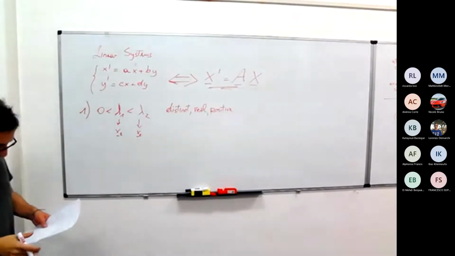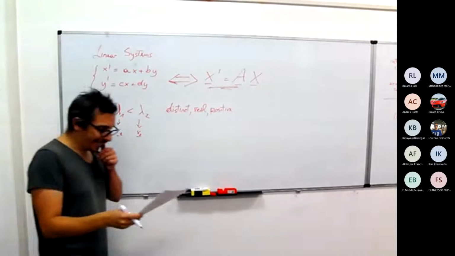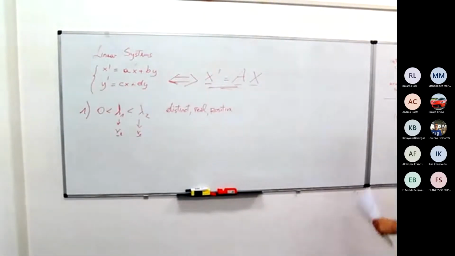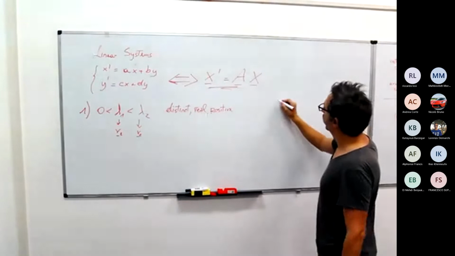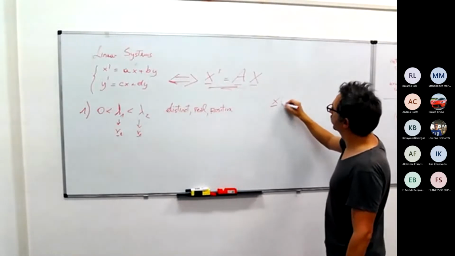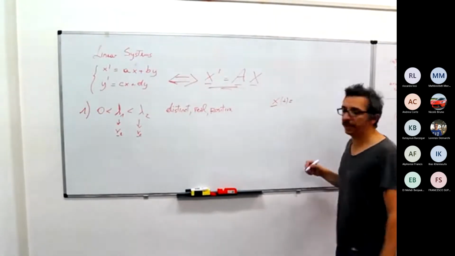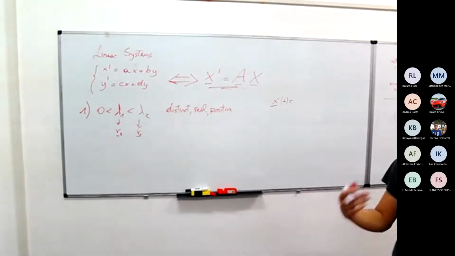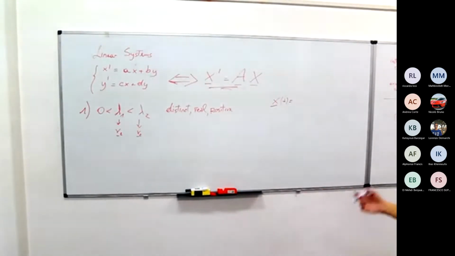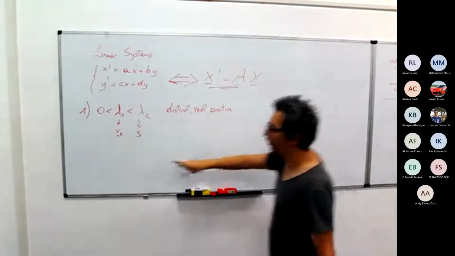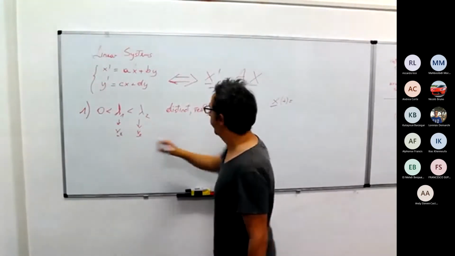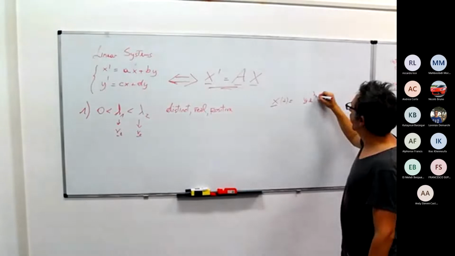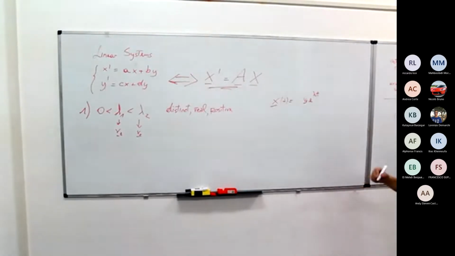So this case is enough, because the general solution, which is this x of t, can be written as a linear combination of the two linearly independent solutions. One linearly independent solution is B1 exponential of lambda 1 times t.